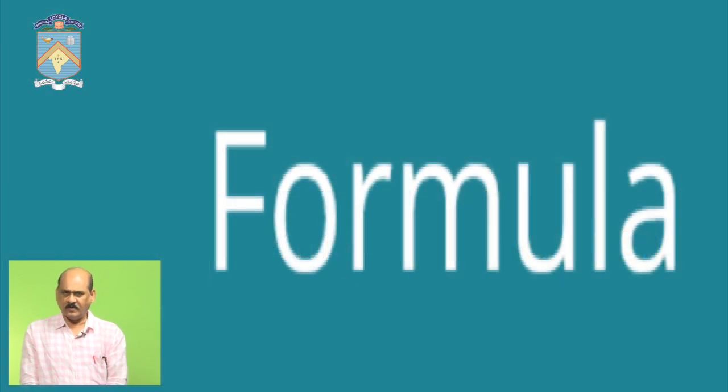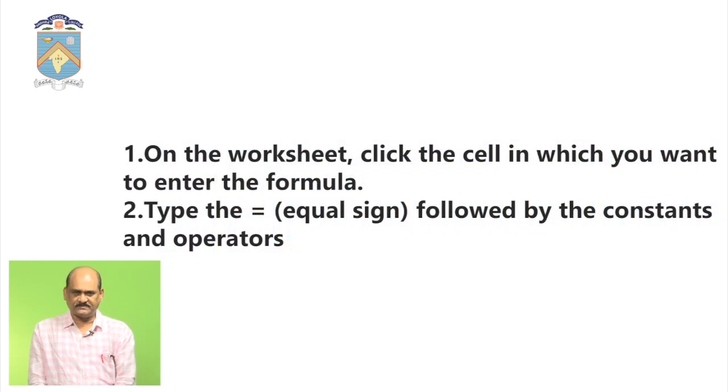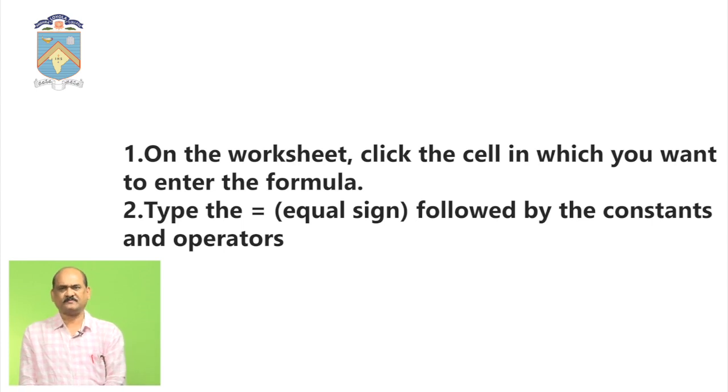First, the formula. On the worksheet, of course, the interface of Excel, click the cell in which you want to enter the formula. All formulas begin with an equal sign followed by constants and operators and sometimes text strings.